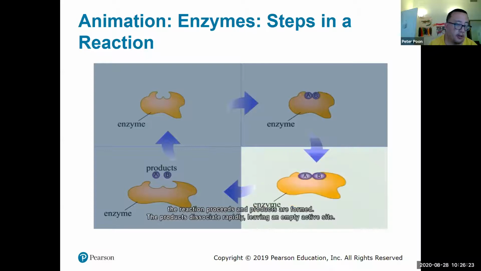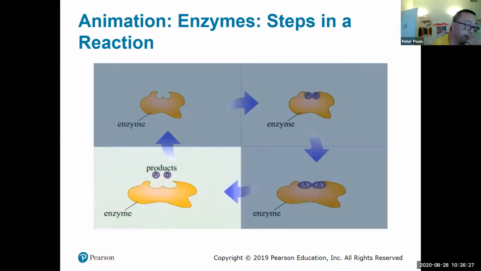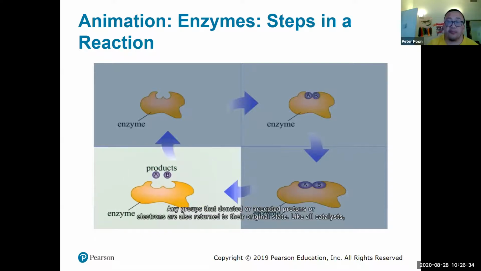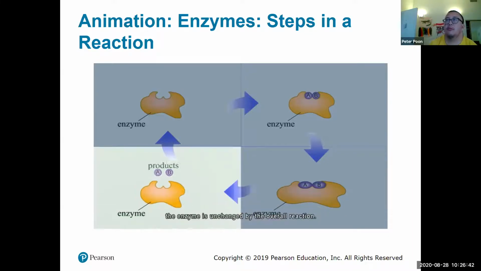The products dissociate rapidly, leaving an empty active site. After the products leave the active site, the enzyme returns to its original configuration. Any groups that donated or accepted protons or electrons are also returned to their original state. Like all catalysts, the enzyme is unchanged by the overall reaction.